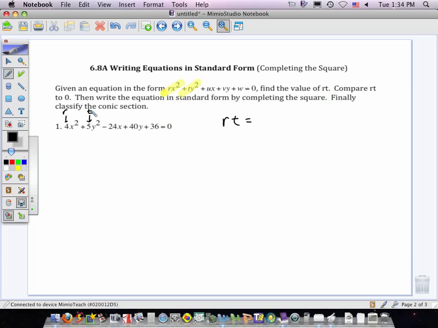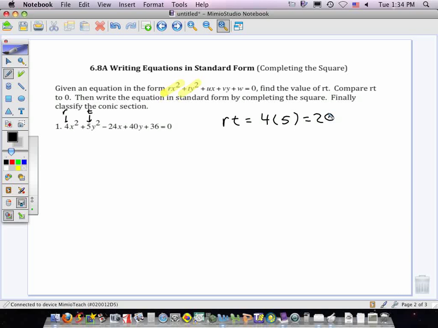If you look at different books, they might use different letters to stand for these coefficients, but that's fine. Your book uses r for the coefficient of x squared and t for the coefficient of y squared. So in this case, we'd have 4 times 5, which is 20.